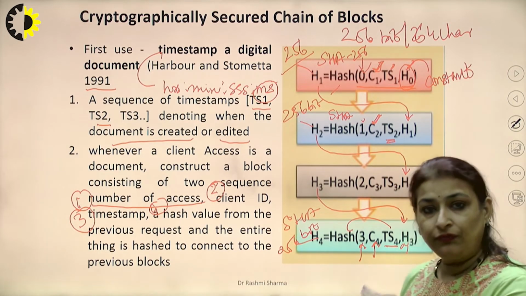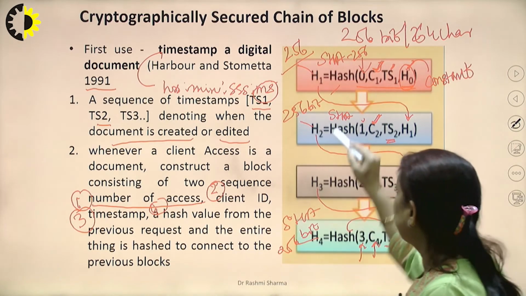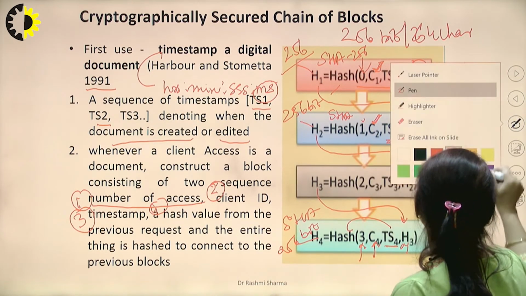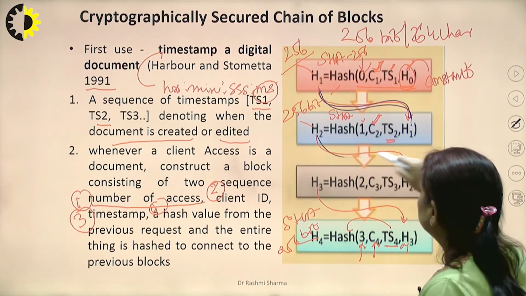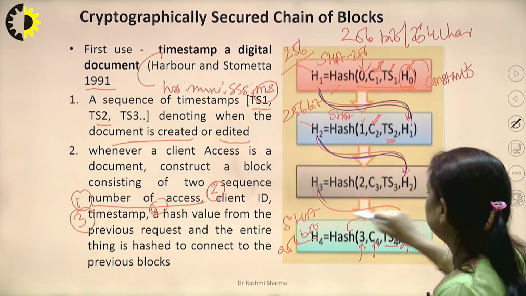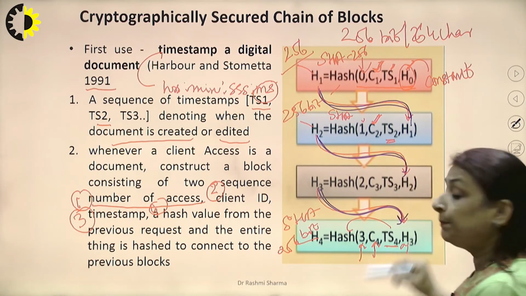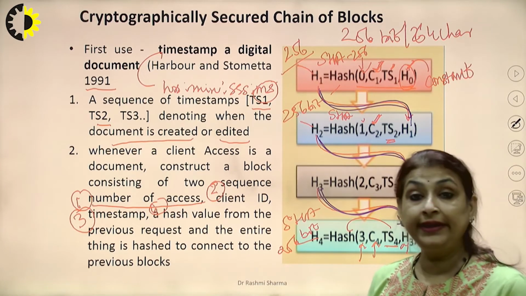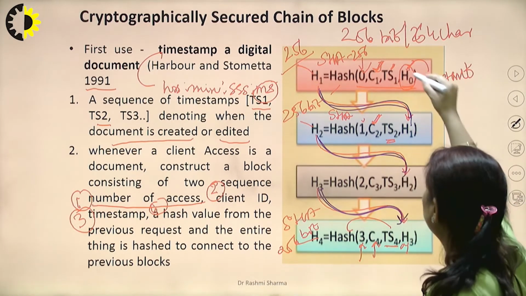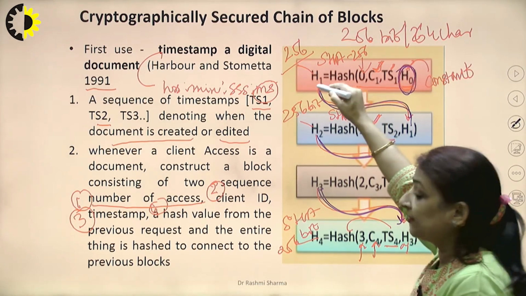I think from this diagram it is very clear that these arrows which I am drawing show that there is a relationship between the previous hash value and the current hash value. We are taking the previous hash value. This was the original one, and this is the one which was created.